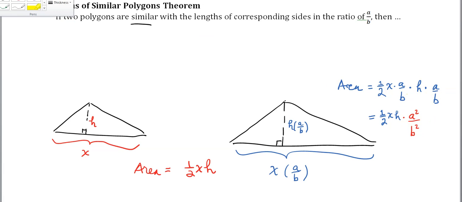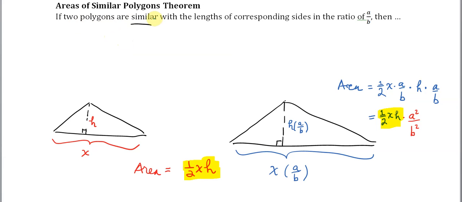And when we look at the result here, what you see is that this is the area right here. This expression is the exact same thing as the area of the other triangle. So the areas of these two different triangles have a scale or a multiplier of a squared over b squared.